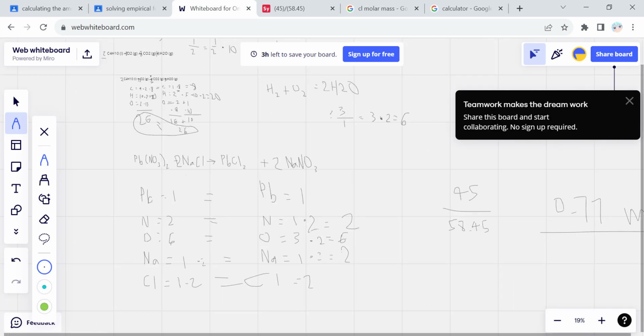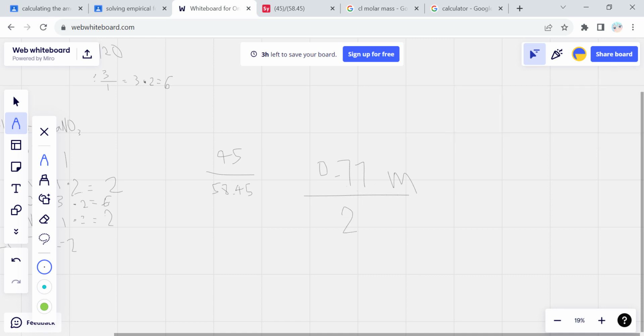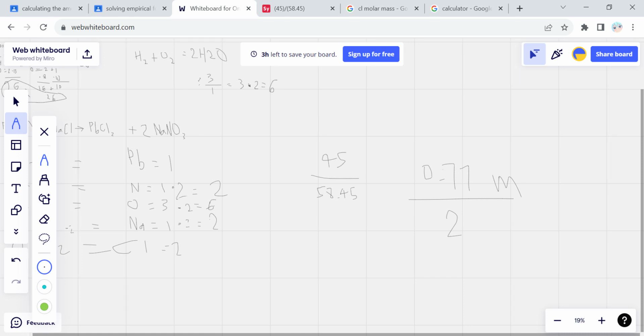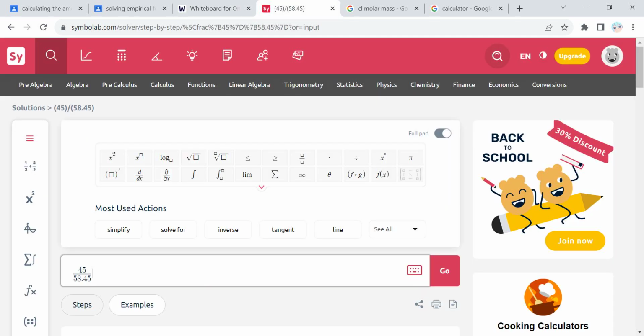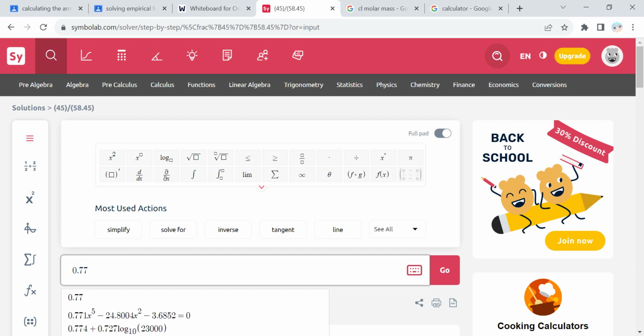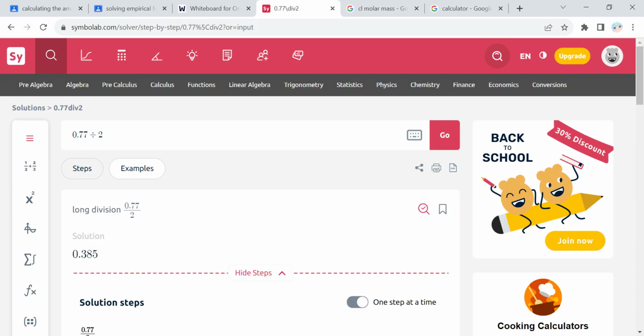Since we already know that 2 moles of NaCl gives 1 mole of PbCl2, to get the answer we'll just have to divide this by 2. So 0.77 divided by 2 should be 0.385, I think. Yep, 0.385.